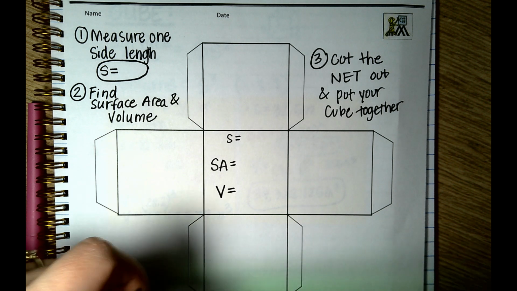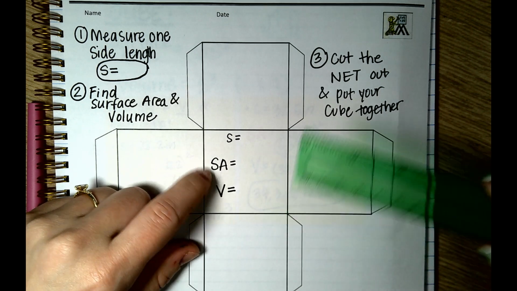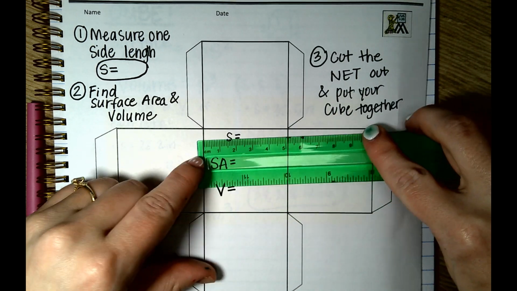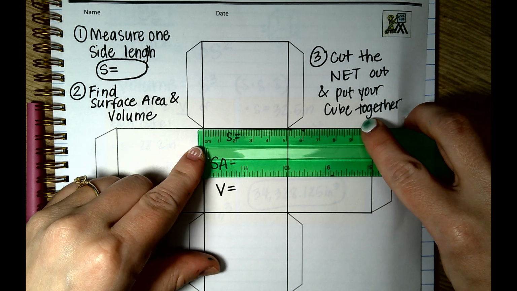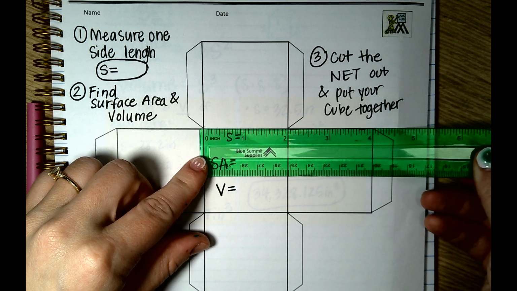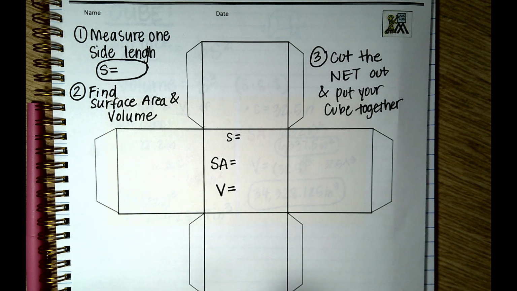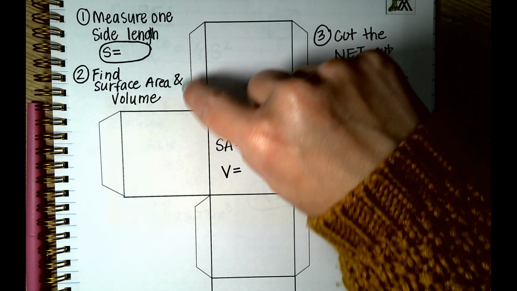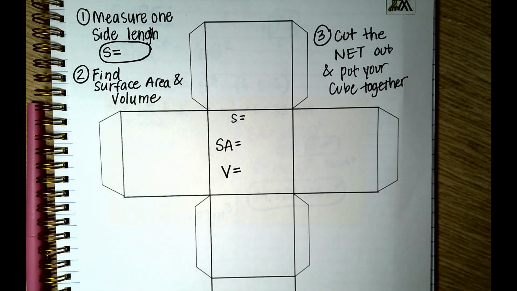If you are measuring, you can choose if you would rather do it in centimeters or inches. I'm okay with either. Just make sure you're lining it up nicely and being as precise as you can, and find your S. Now these little shapes on the edge of each square are just tabs to help make it easier to put it together.